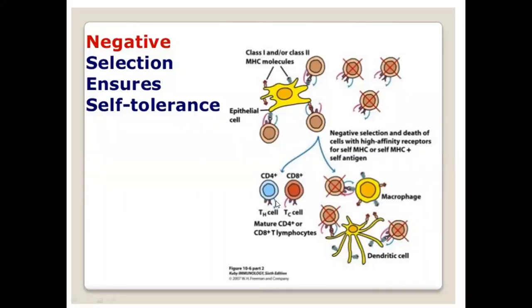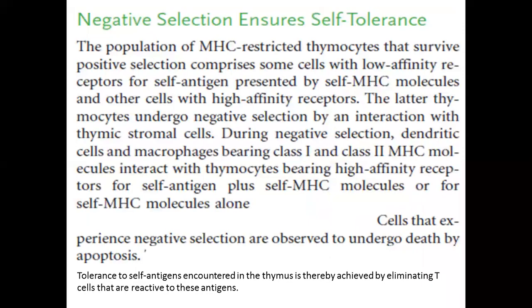So, negative selection. Both high affinity and low affinity receptors are present. The thymocytes undergo negative selection by an interaction with the thymic stromal cells, that is, those which have high affinity to the self-MHC molecules.